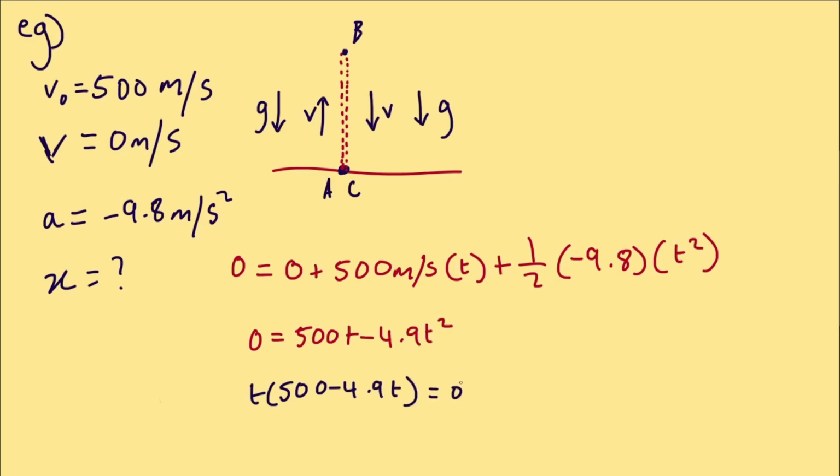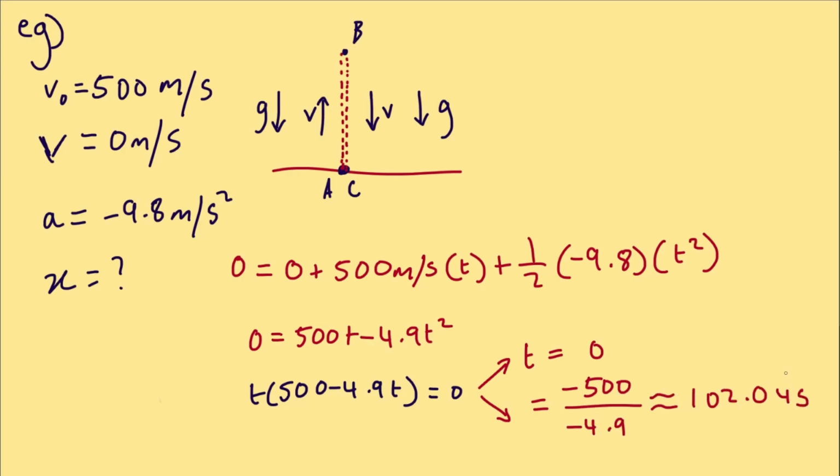This is a quadratic. That means t is equal to either 0 or negative 500 over negative 4.9, which is roughly 102.04 seconds. There we go. Here are our two answers for seconds. But which one's correct?